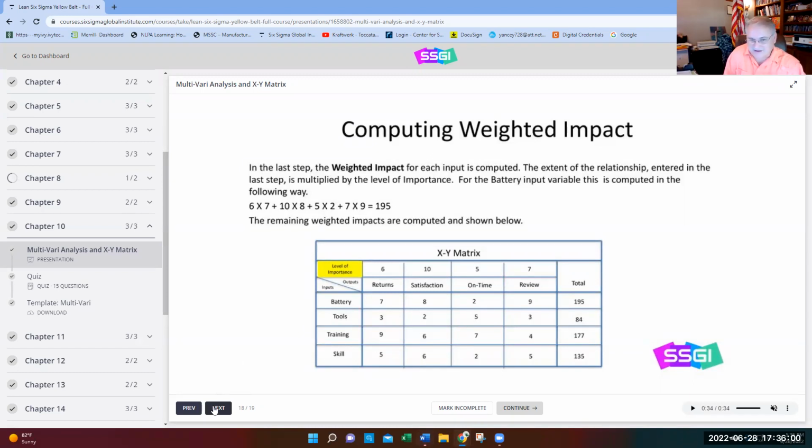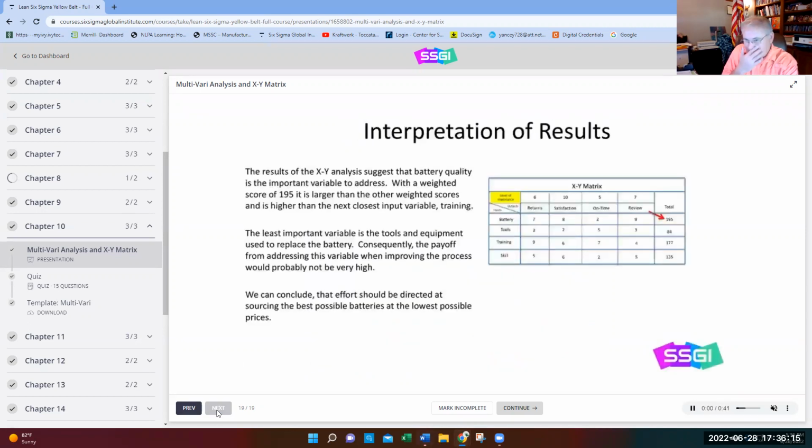So this lets us look at the XY, lets us look at our inputs, what different levels we want to measure quality with. And then when we add those together, we can come up with which one of these is the most important. And that's where we're going to put all of our training, our funding, all of our time into it.